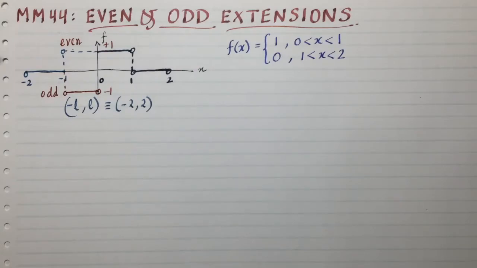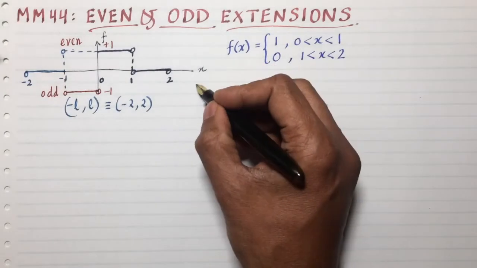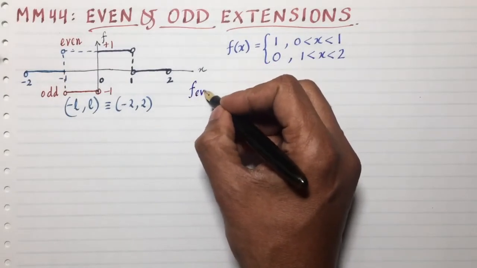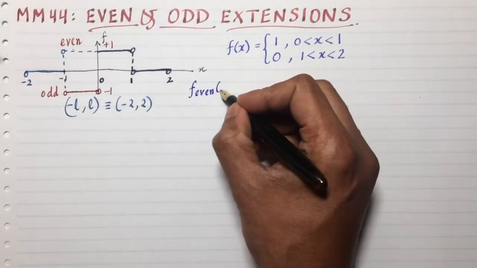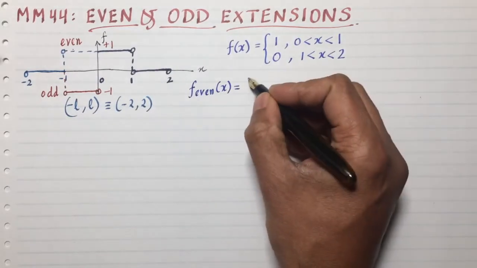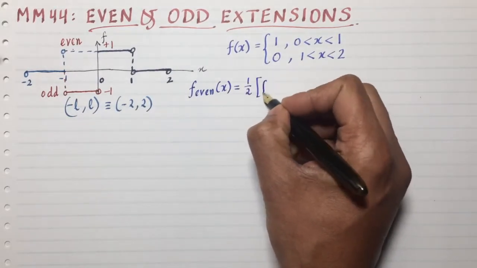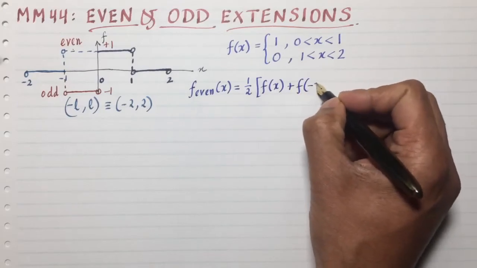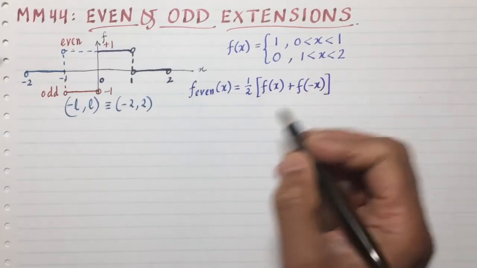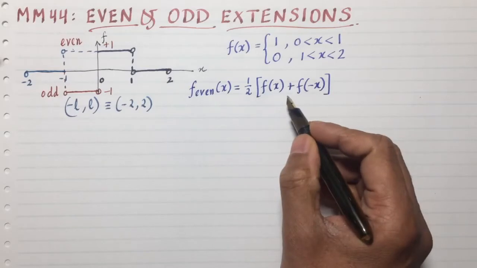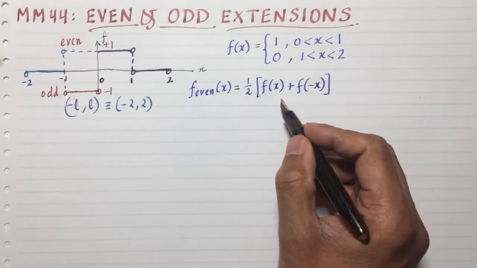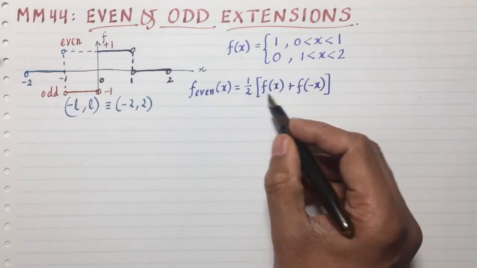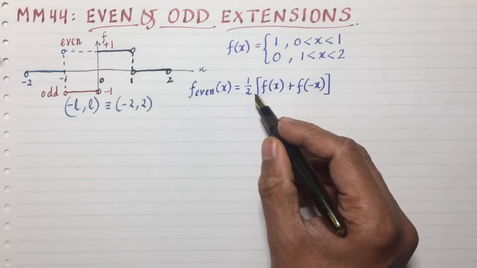The even extension of a function is defined as 1/2 f of x plus f of minus x. That's a formal definition, and this is how we are able to obtain the even extension. The 1/2 is there so that you don't double the values.